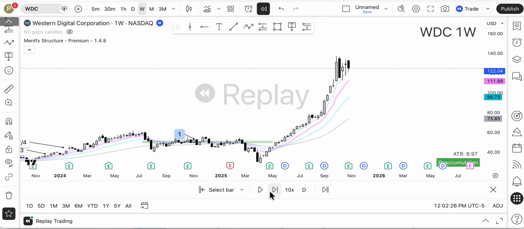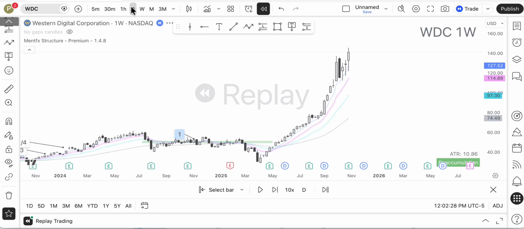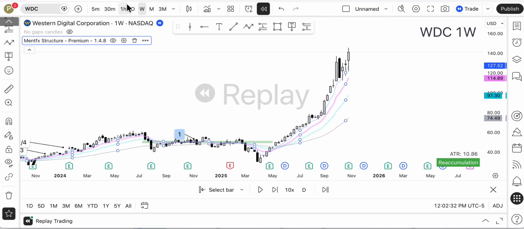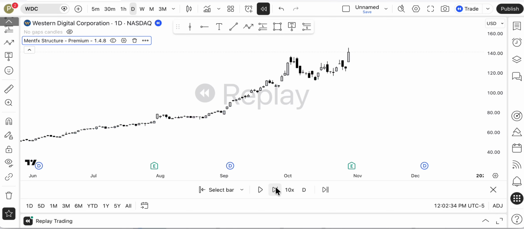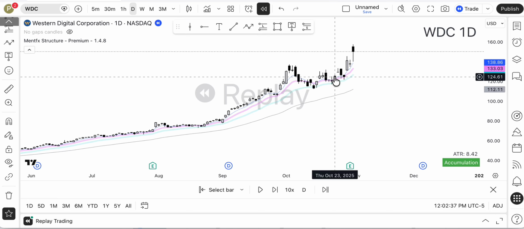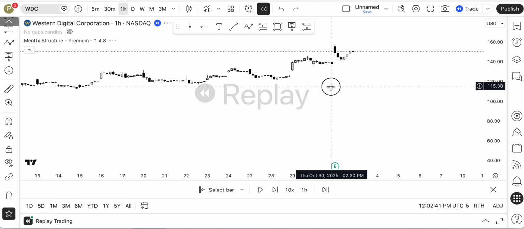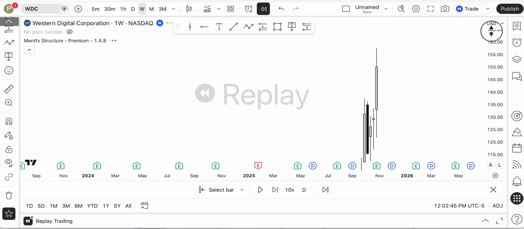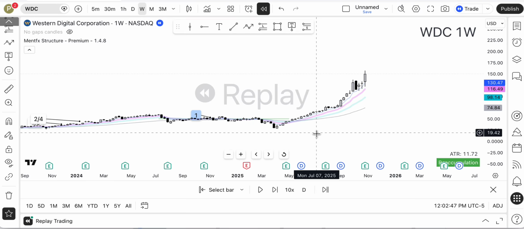What's going on? It didn't pull back to a 10 or 20, so it's just not meeting my rules. It is what it is. If I did not have that rule though, there wouldn't have been an entry right here, but there could have been down there.